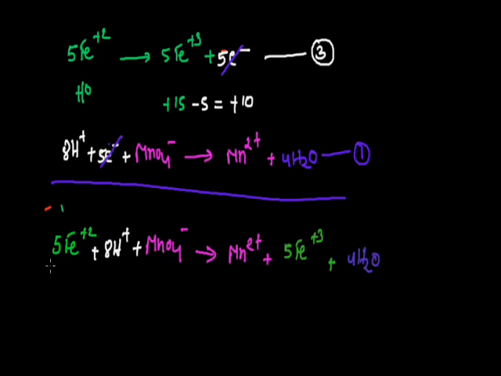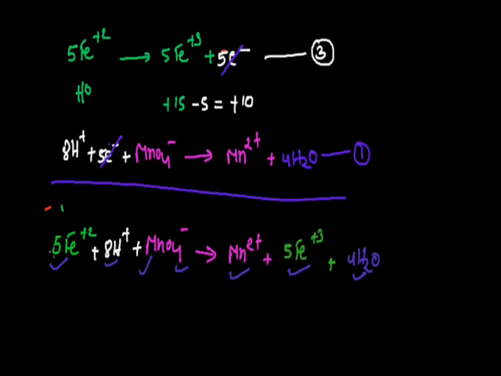Now here is 5 Fe, and here also 5 Fe, a single Mn, hydrogen becomes 8 on both sides, and oxygen is 4 on both sides. Now finally balancing the charge: 5 multiplied by 3 gives plus 15, plus 2, that is plus 17.